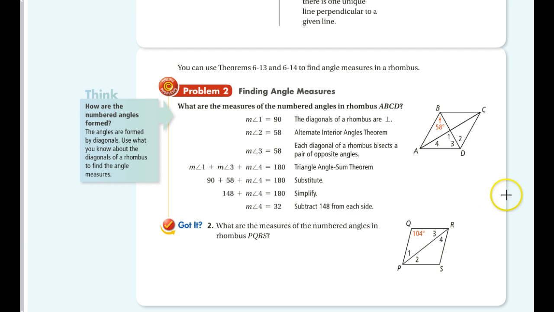What about the other angles? Well, since we have a parallelogram, we've got parallel lines cut by a transversal, so we can look at the alternate interior angles.